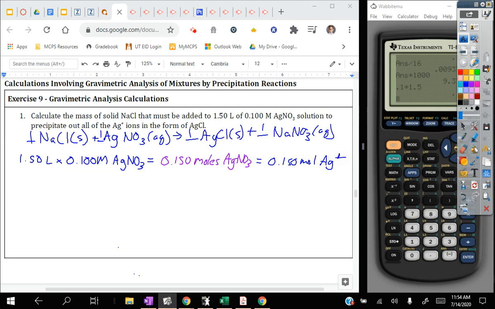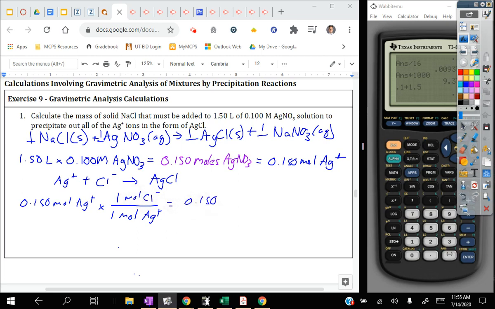So if we're thinking of a net ionic equation, moles of Ag plus, moles of Cl minus reacts to form AgCl. 0.150 moles of Ag plus, and we use that mole ratio of Ag plus to Cl minus, 1 mole of Cl minus, tells us that we need the same amount of moles here, 0.150 moles of Cl minus.